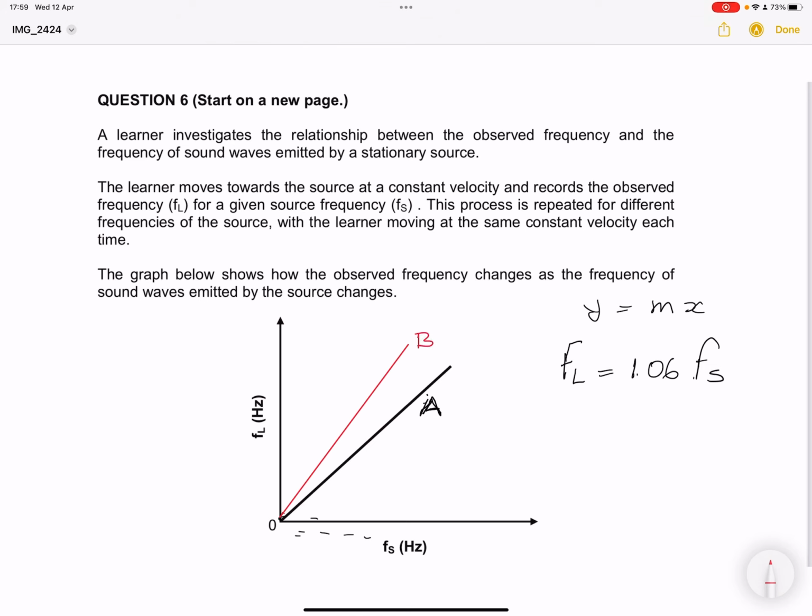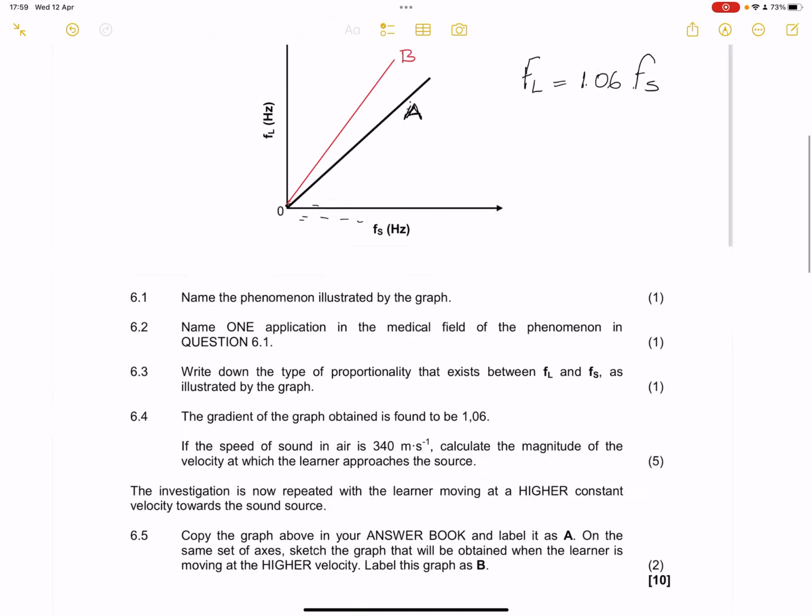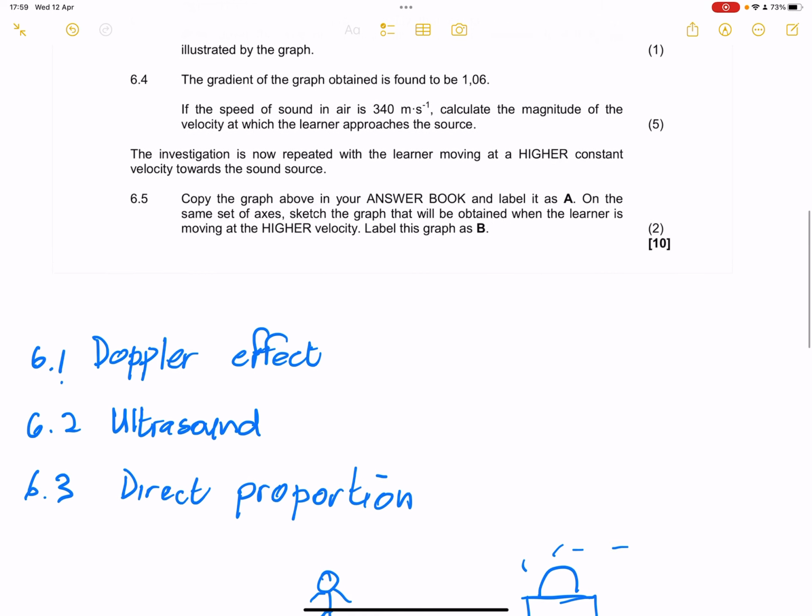Because the frequency of the listener would be even higher than the frequency of the source. It would change at a much higher rate. So as a result, I know that graph B would be even steeper than graph A. And I think that is how the cookie crumbles when it comes to this question.